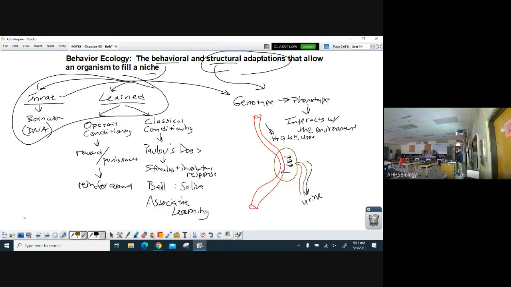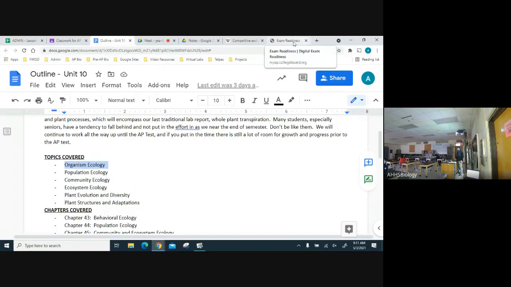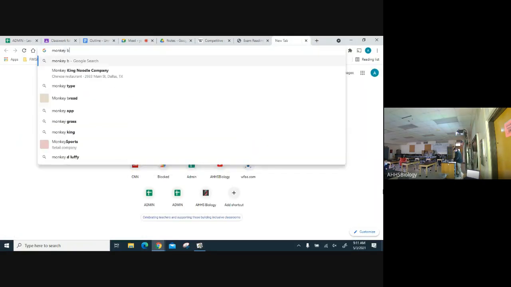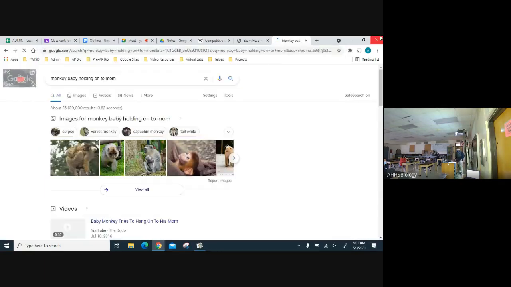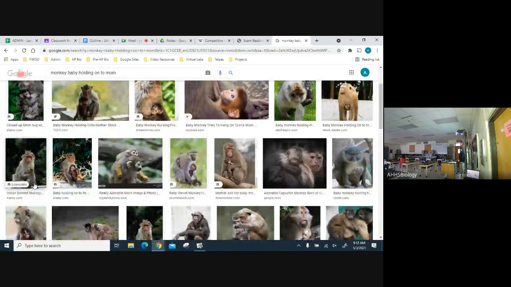Why would we have that? Why would humans have this innate grasping reflex? It's a really common way of newborn primates moving around the world, right?